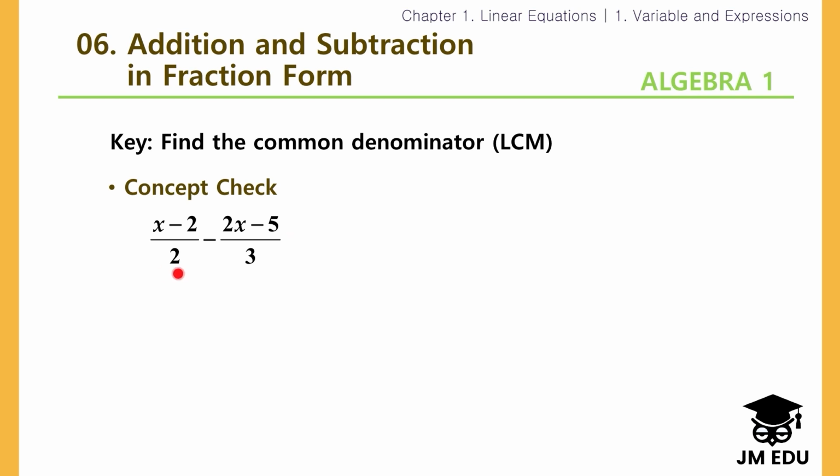We have denominator 2 and denominator 3, right? So our least common multiple must have at least one 2 and one 3. So 2 times 3 is equal to 6. So our common denominator must be equal to 6.